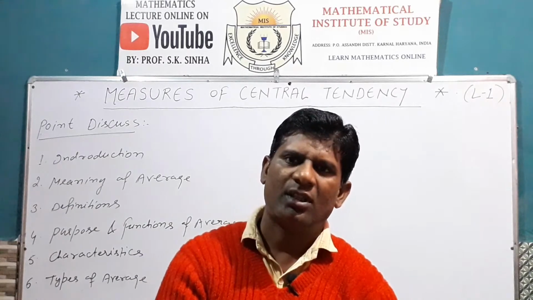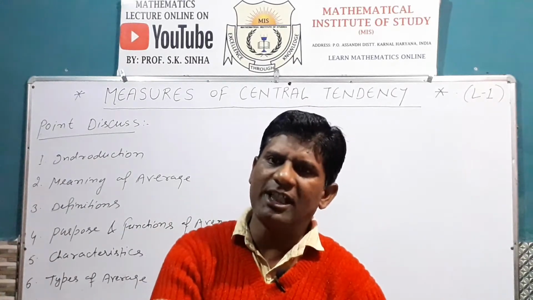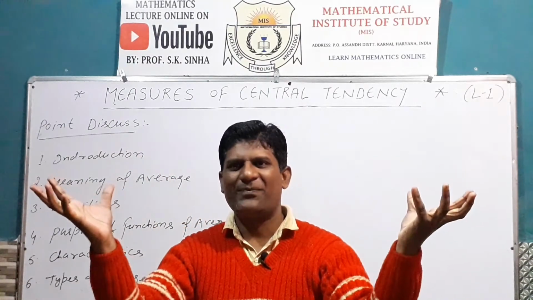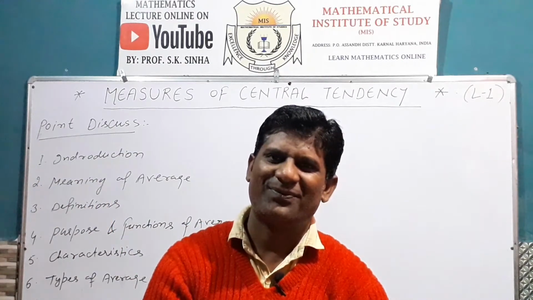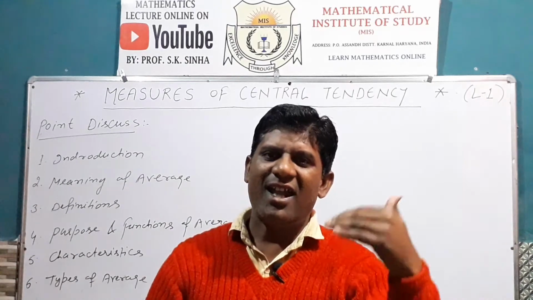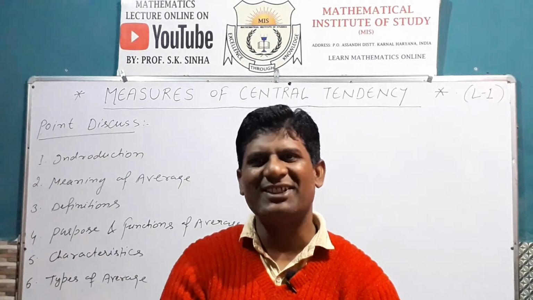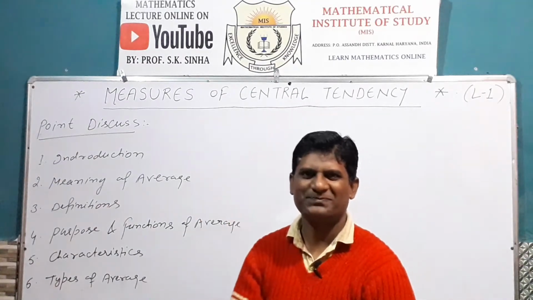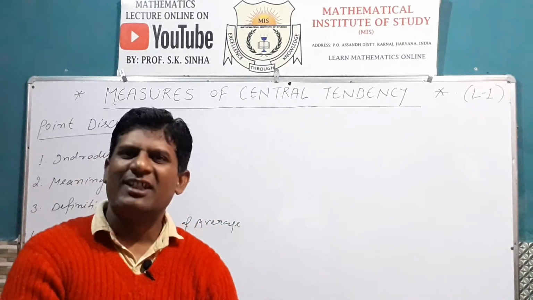The single figure which represents the whole set of data is called an average. Is it clear? Averages are also called measure of central tendency or measure of location. Okay, so this was the introduction of measure of central tendency.